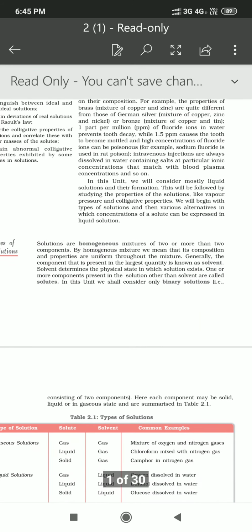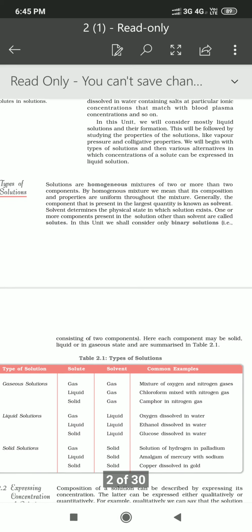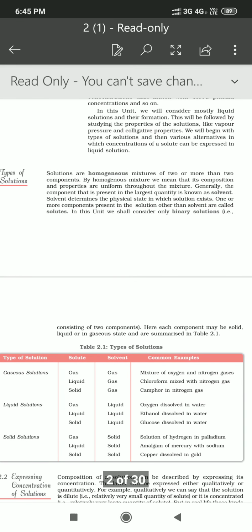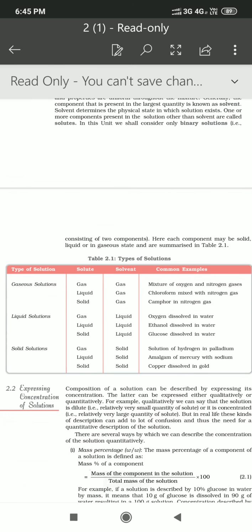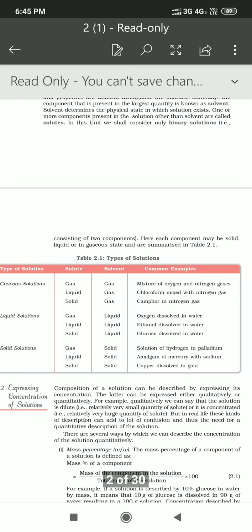We call them binary solutions because they are formed by mixing of solute and solvent. We can have different types of solutions, that is, the solute or the solvent can be either in the solid, liquid, or the gas phase. So these are the different components: gas, liquid gas, solid gas.